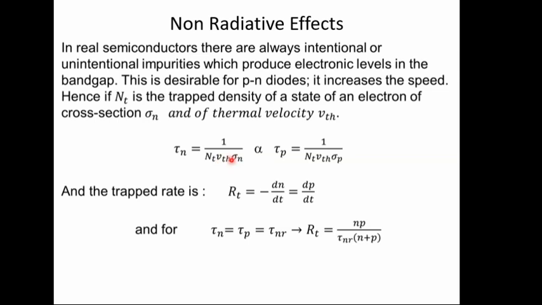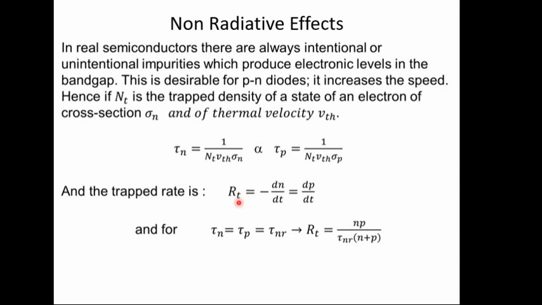But here, we're just saying that tau n is equal to 1 over N_t times V thermal times the cross section sigma n, and tau p is equal to 1 over the trap density, thermal velocity, and the cross section of the hole. So that's the difference between tau n and tau p: the cross section n and the cross section p.